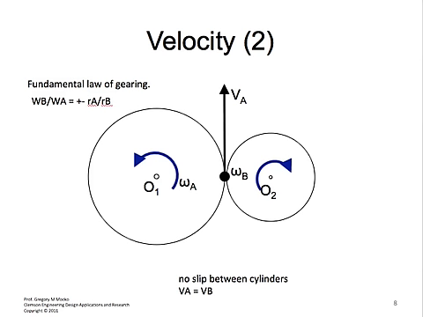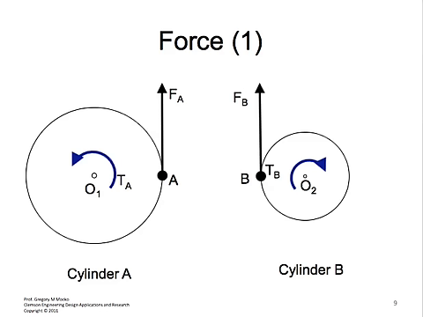Now we can apply a similar thing if we're looking at the transmitted force between two gears. If we've got a cylinder A and a cylinder B, we can compute the force or the torque transmitted by each cylinder, and it looks something like the following. The torque of cylinder A is equal to the force at A times R of A. And in a similar fashion, the torque of B is equal to the force of B times RB.